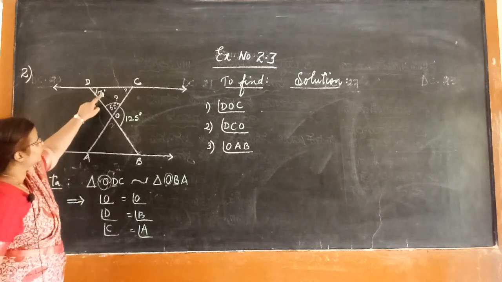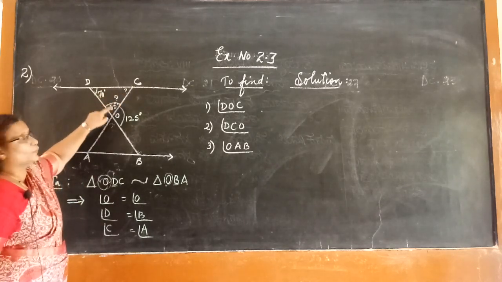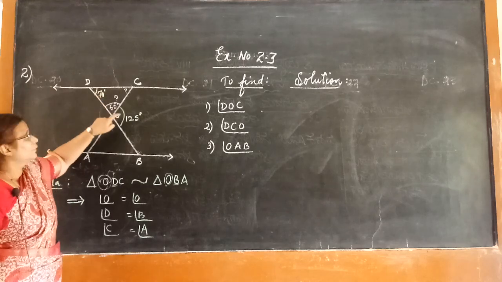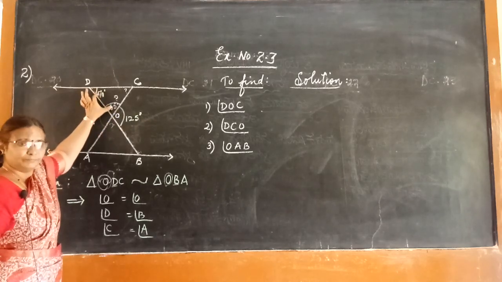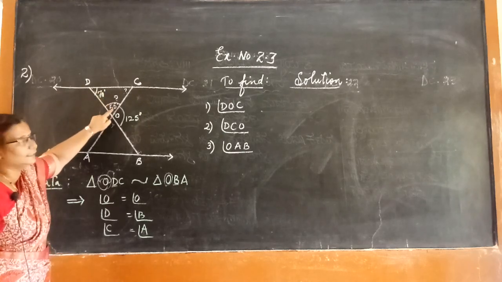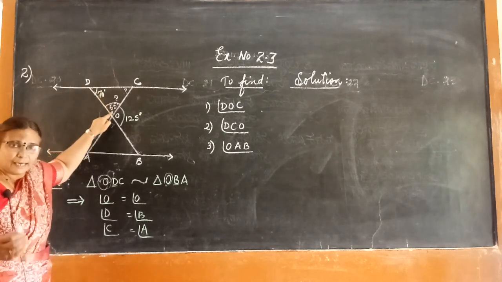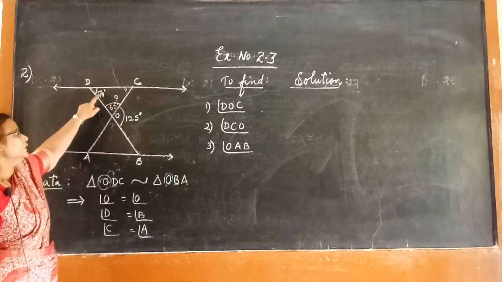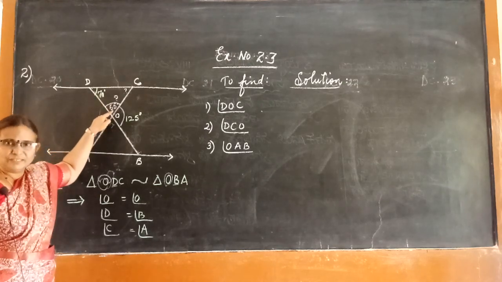We know that the sum of the three angles of a triangle is 180 degrees. Two angles are known. How do we find the third angle? You have to find the sum of these two angles and subtract it from 180 degrees. The sum of these two angles is 125 degrees.